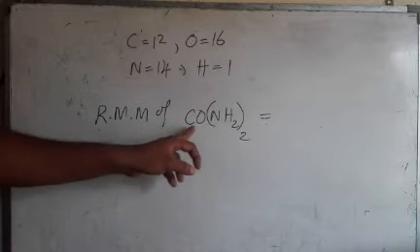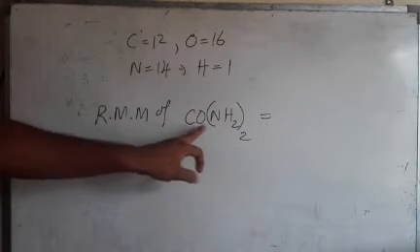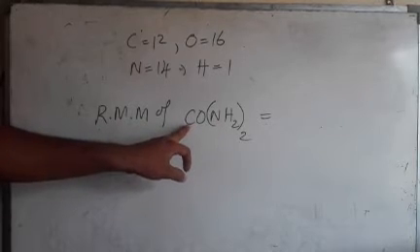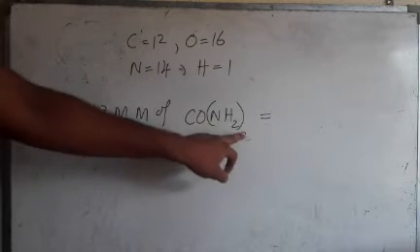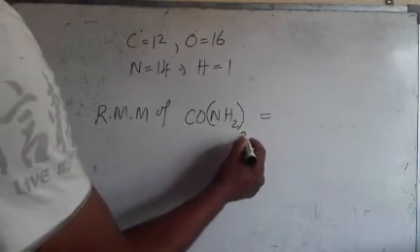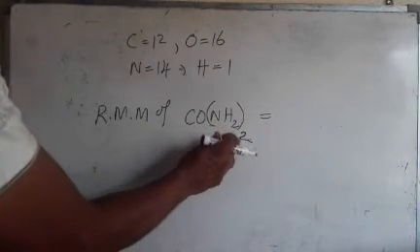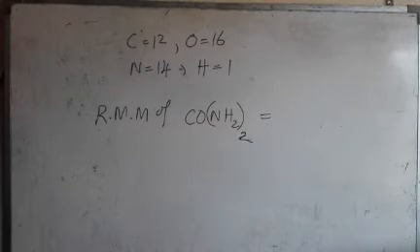The second one is urea. You can see the molecule contains 1 carbon atom, 1 oxygen atom, and 2 nitrogen atoms. Since this 2 belongs to NH2, there are 2 nitrogen atoms and 4 hydrogen atoms.